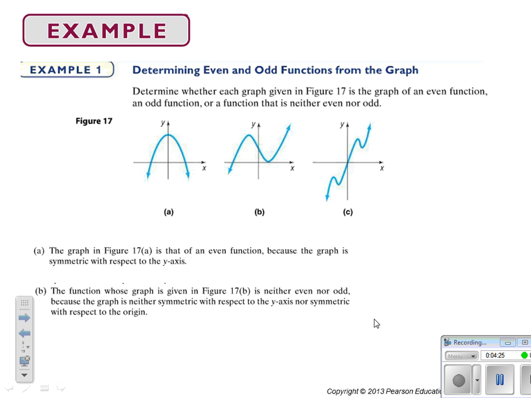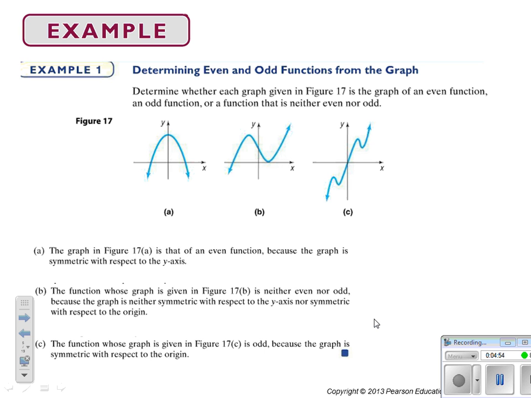All right, so then we look at this nice little squiggly graph. And for C, it's odd because it has symmetry with respect to the origin.